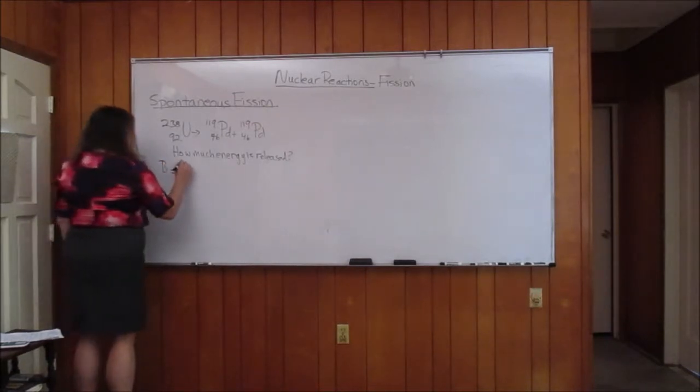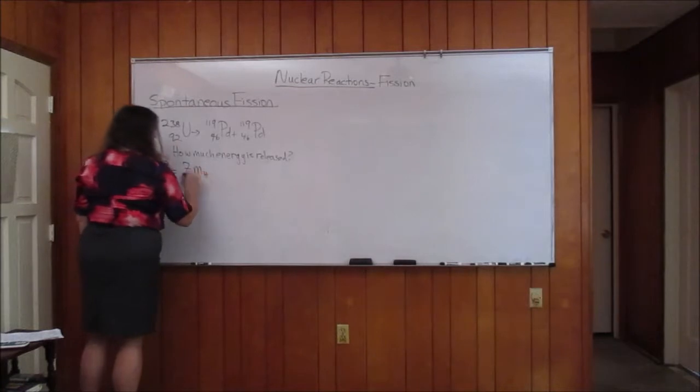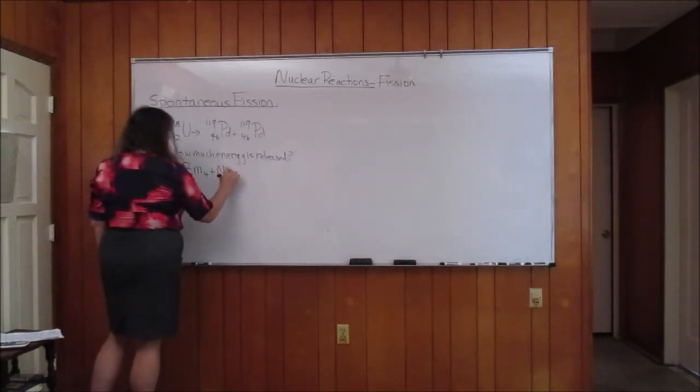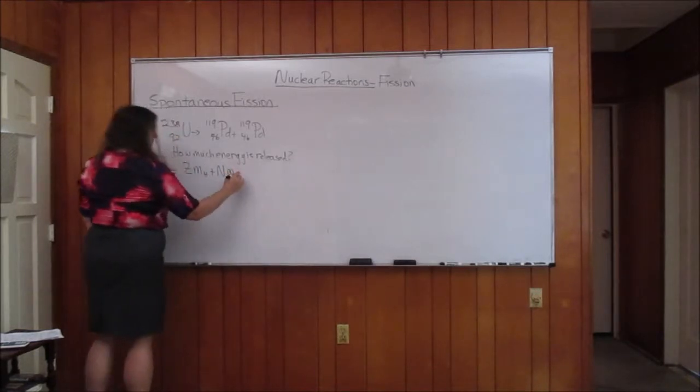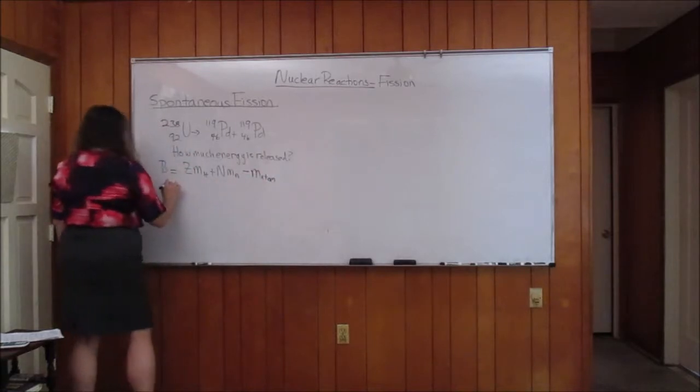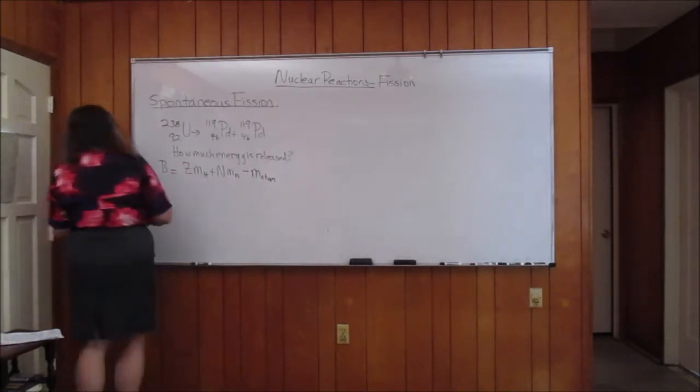Binding energy can be calculated from the atomic number times the mass of hydrogen plus the number of neutrons times the mass of the neutron minus the mass of the atom in question.